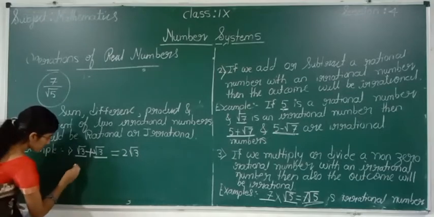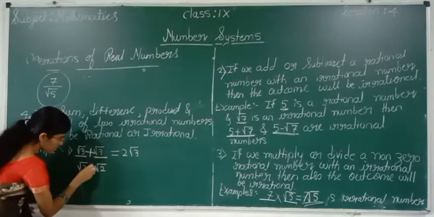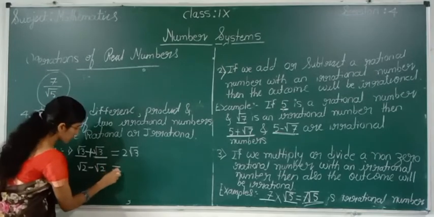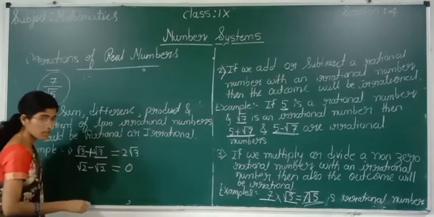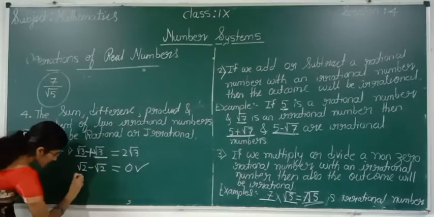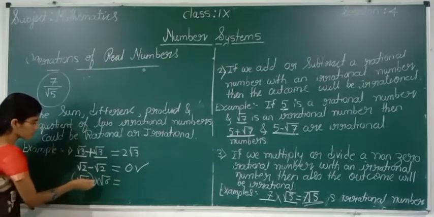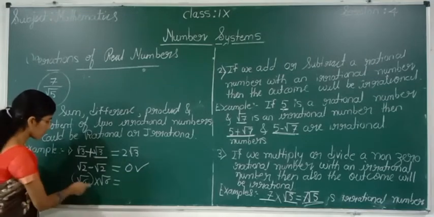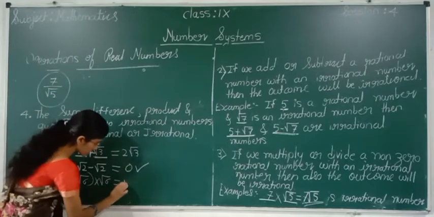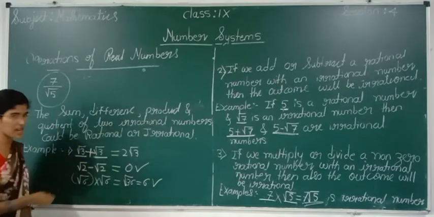Now if I take two irrational numbers and perform subtraction, if I take the difference, then root 2 minus root 2 is 0. Here 0 is a rational number. Now if I take the product, root 6 into root 6. If I do multiplication, root 6 into root 6 is root 36. It will be 6. Here 6 is a rational number.